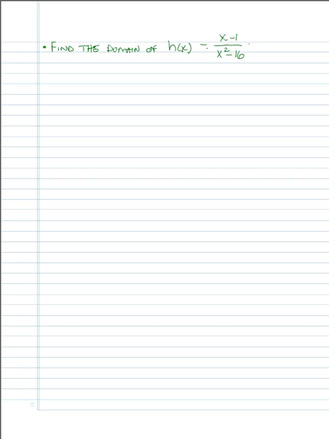Now, we have more or less the same situation here. It doesn't matter what x we choose, provided it doesn't cause the denominator to be 0. We can't allow the denominator to have the value 0.